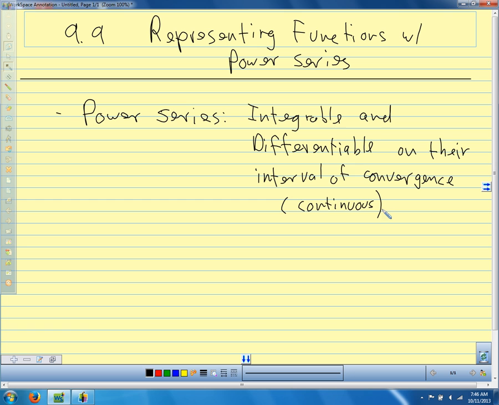And that's one nice thing about working with polynomials. You know, polynomials are continuous. So all of these properties are true on their interval of convergence. The result that we get from differentiating or integrating will have the same radius of convergence as the original.